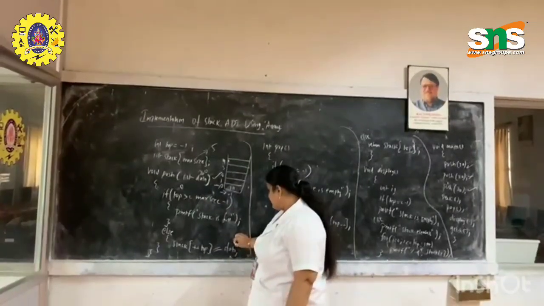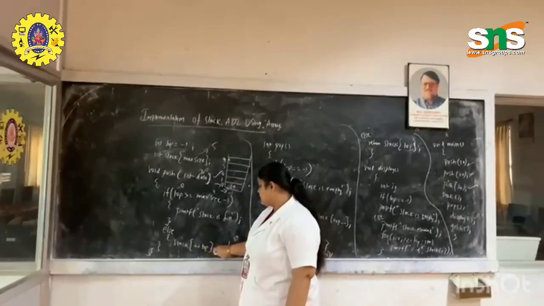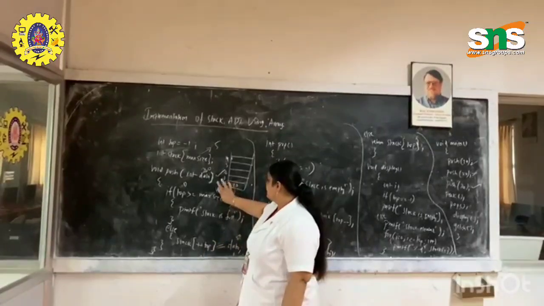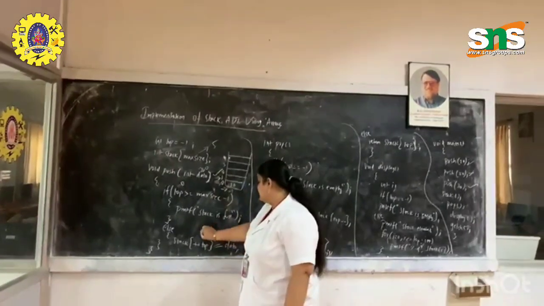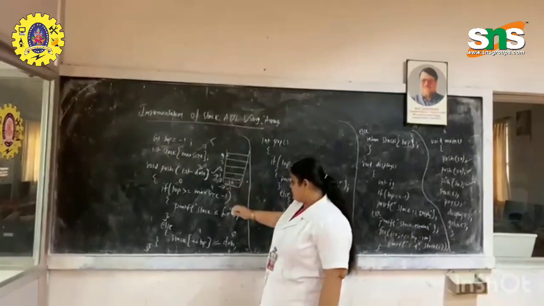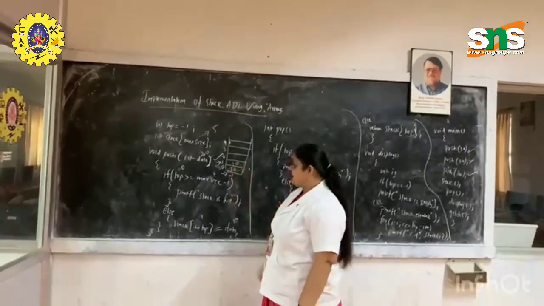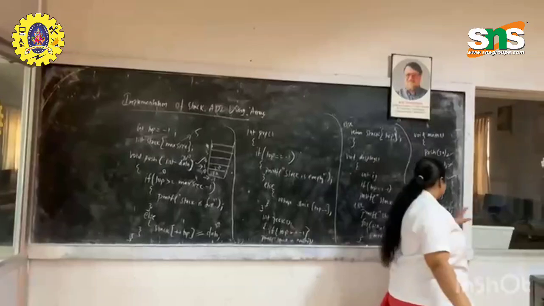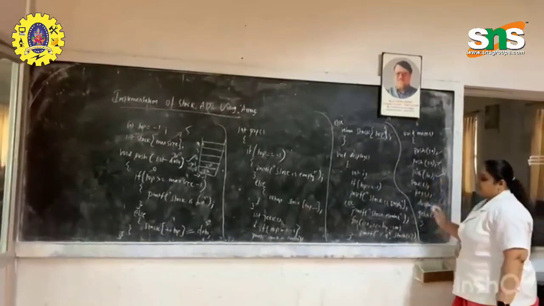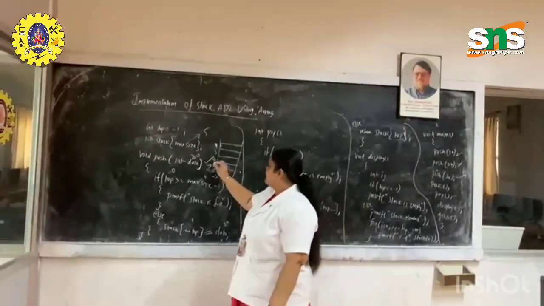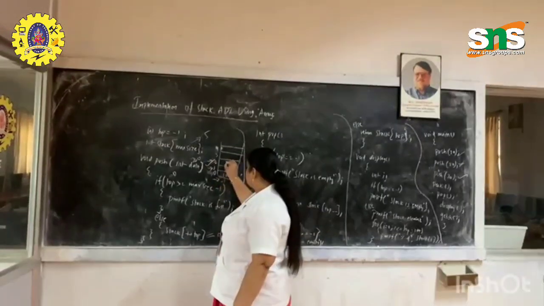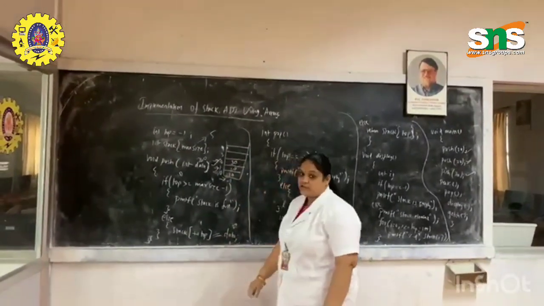The data 20 will be stored at ++top. So now the top is pointing to 1, the current value of top is 1, and the data will be placed here as 20. The next operation is push 30, which works in a similar way. Now the current top is pointing to 2, and the value stored here is 30.